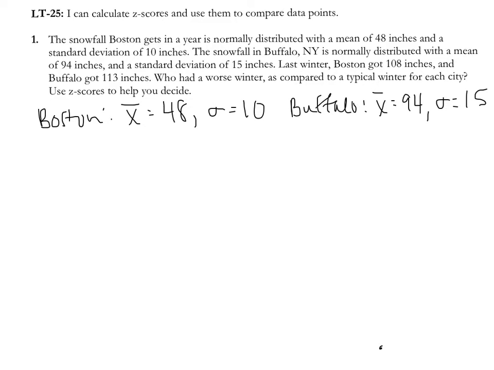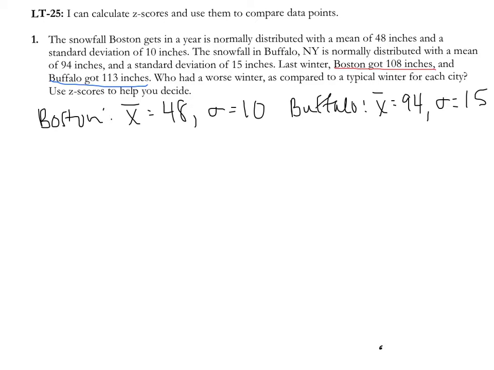So let's start out by calculating the z-scores for the winters last year. So last year, Boston got 108 inches and Buffalo got 113. So let's calculate the z-scores for those two snowfalls. So the idea of a z-score is that you take the data point, the value that you actually got, you subtract off the mean, and you divide by the standard deviation.